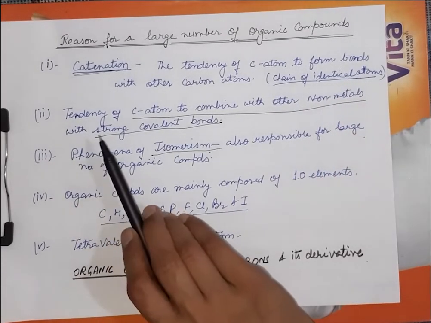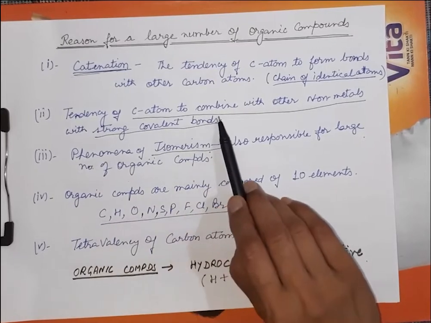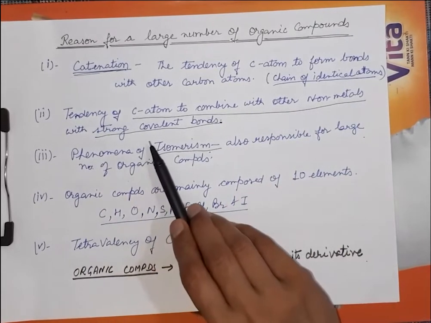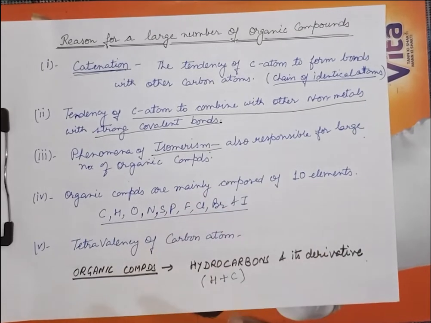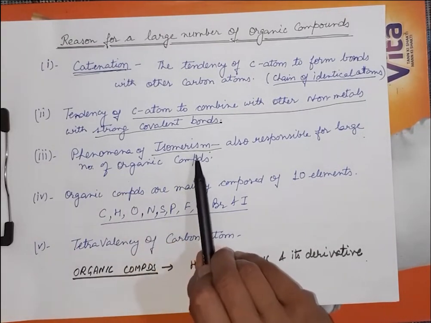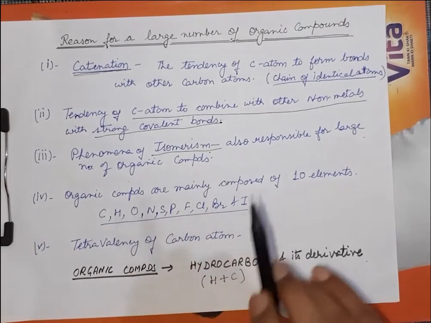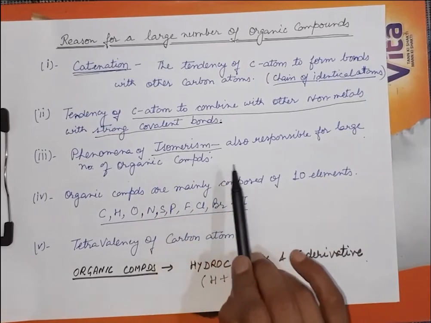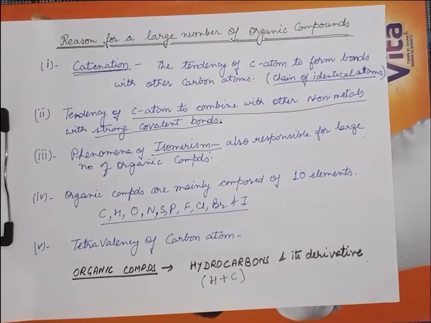The second is the tendency of the carbon atom to combine with other non-metals with strong covalent bonds. The next is the phenomenon of isomerism, which is also responsible for the large number of organic compounds. I will cover isomerism in detail in my later videos.